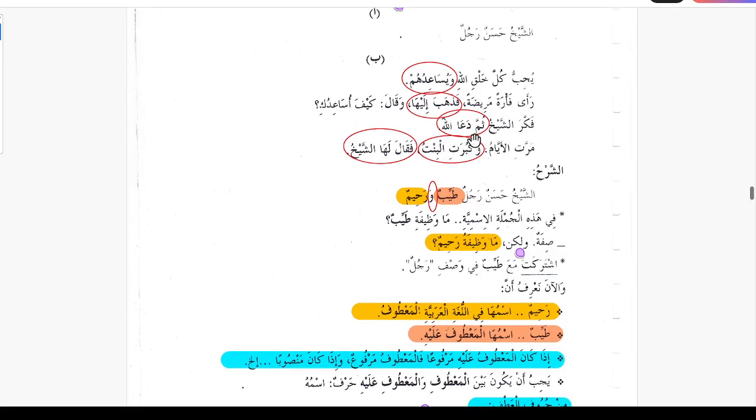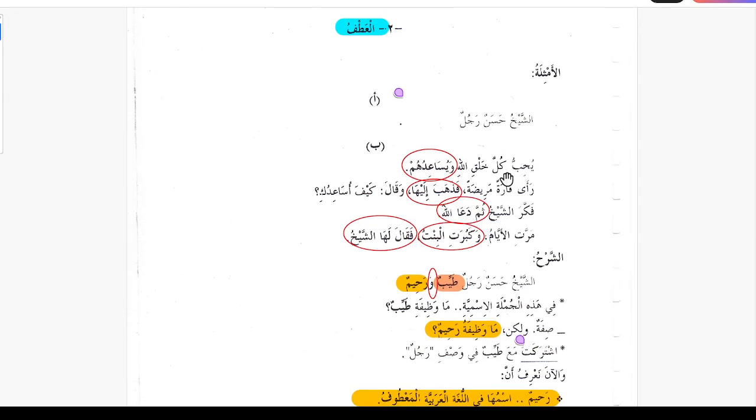Fakkara shaykhu summa da'allah. The sheikh thought, the sheikh had an idea. Summa, then he called Allah. Marratil ayyamu, the days passed by. Wakaburat al bintu, and the girl became older. Fakala laha ash-shaykhu, and the sheikh told her. So these were some examples.